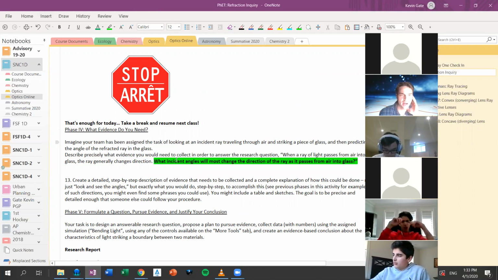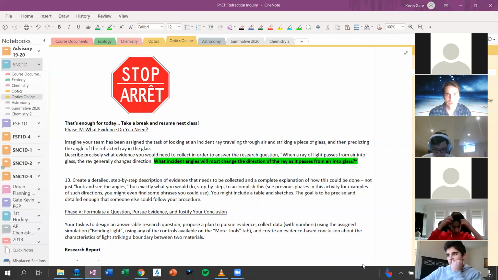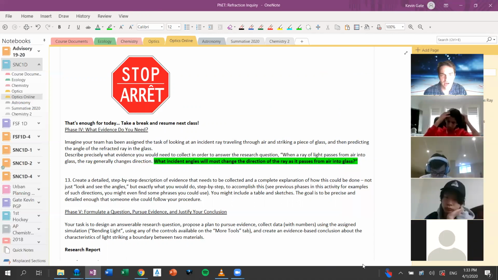Imagine your team has been assigned the task of looking at an incident ray traveling through the air and striking a piece of glass, and then predicting the angle of the refracted ray in the glass. Describe precisely what evidence you would need to collect in order to answer the following research question. The research question is, what incident angles will most change the direction of a ray as it passes from air into glass?